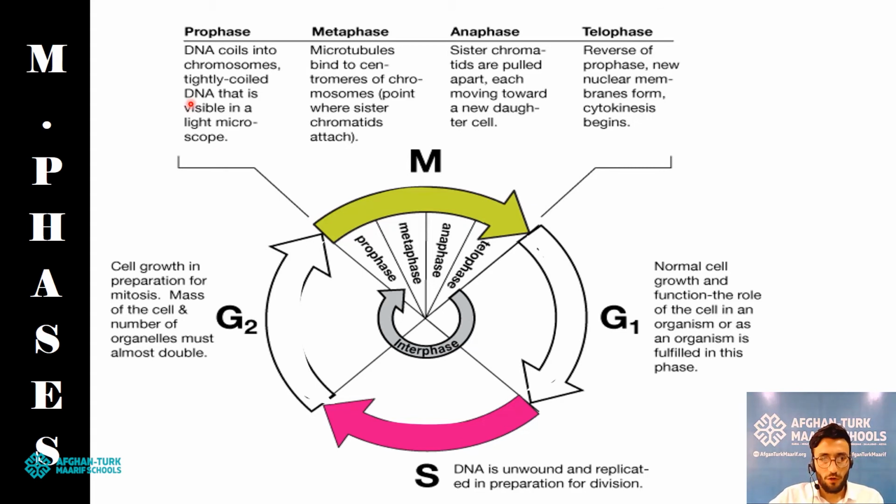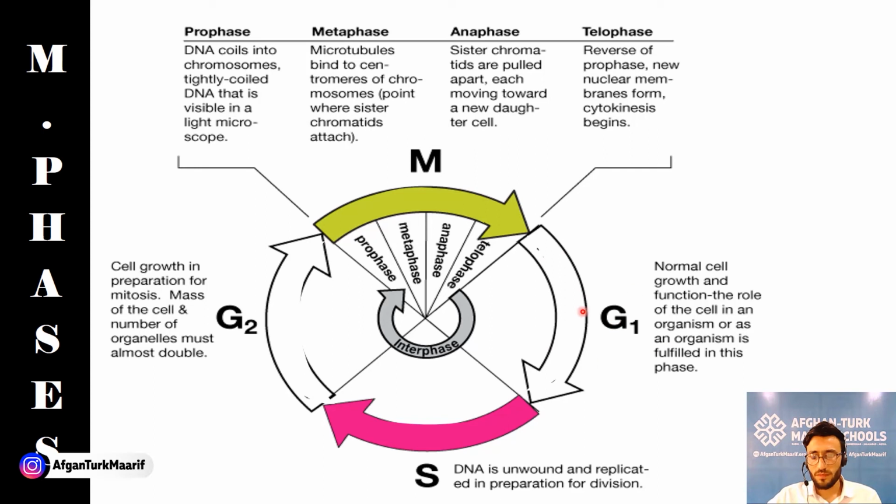So dear students, now pay attention. This is a diagram that shows which kinds of metabolic activities happen inside the cell cycle. G1, S, G2 and M phases are the important phases of the cell cycle.